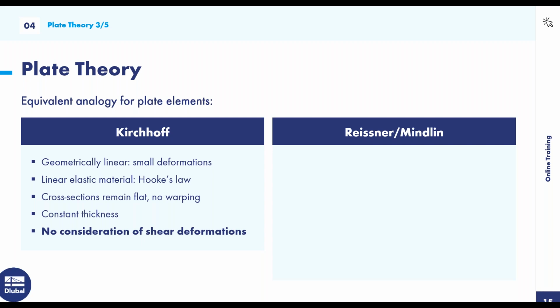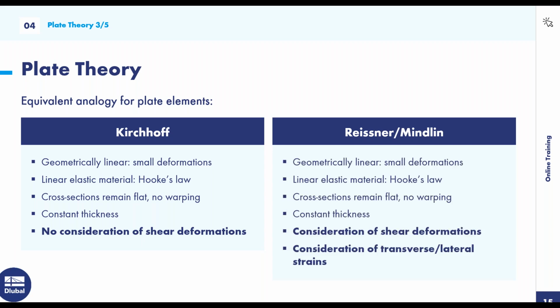And then the major assumption is that there is no consideration of shear deformations. Now, for the Reissner-Mindlin theory, we're assuming all of the same assumptions, and as you may have guessed by now, for this theory the shear deformations are considered. And also for this one, we're taking into consideration transverse/lateral strains.